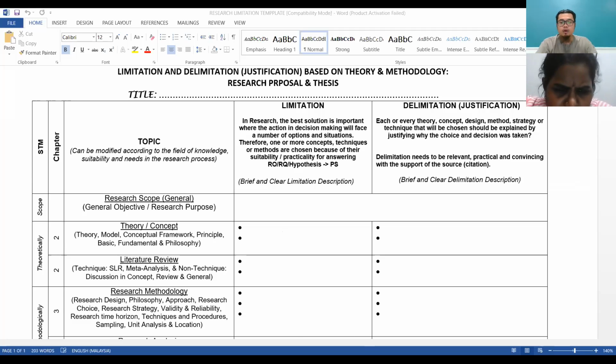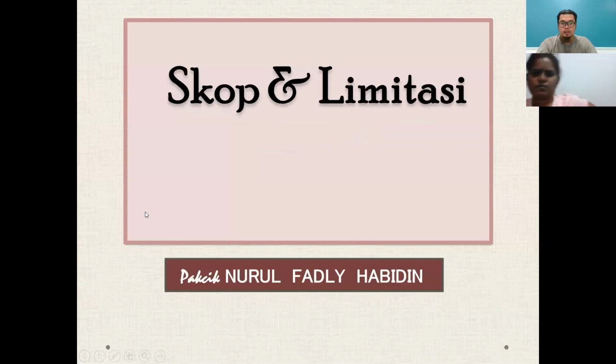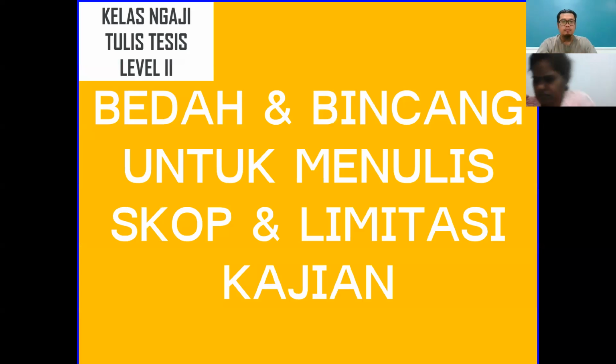Okay, now we go to the slide. Now I want to share with you the slide on the topic of limitation. We go through some examples of limitations. Today we just need to clearly understand the scope and limitation.